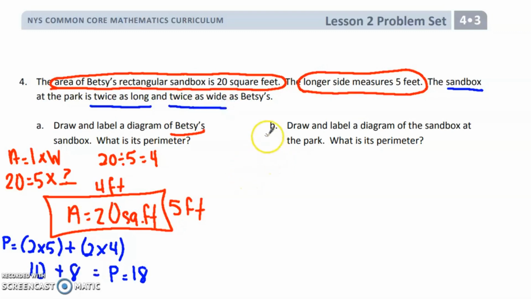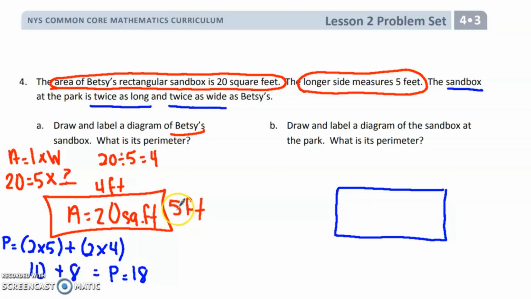That means it is 2 times the length and 2 times the width of Betsy's sandbox. So the first thing I'm going to do is draw a rectangle. In order to follow that example, I'm going to look at the length. The length is 5 feet, and it says twice as long, so that means 2 times 5.